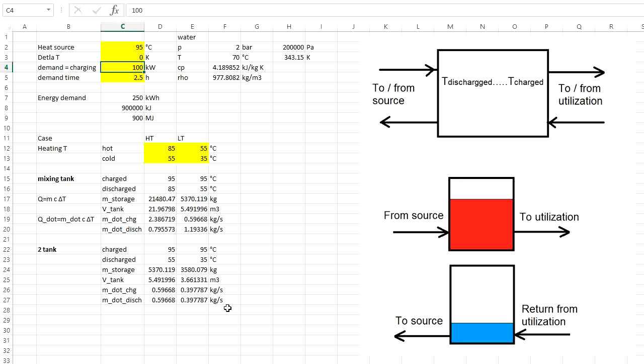So for basically most of the applications where larger periods of storage time and efficiency, especially exergy efficiency of the system, is required, the system with the two tanks is more beneficial.